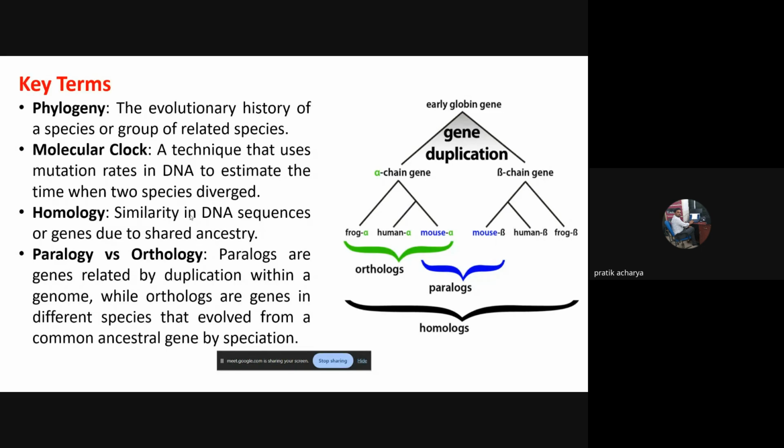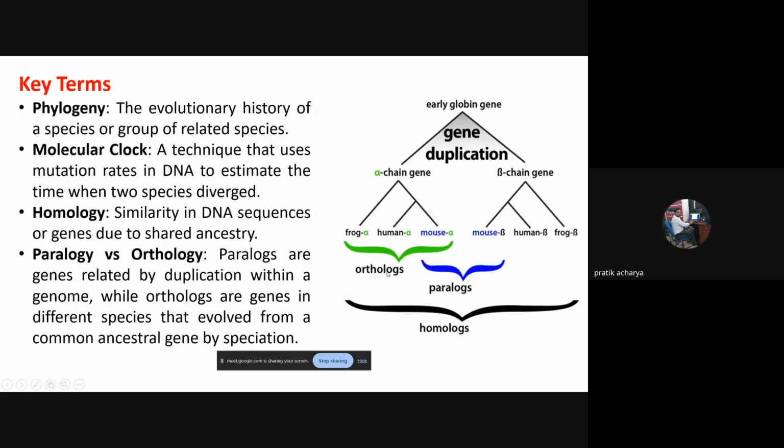Homology is the similarity in DNA sequence. If we are talking about the globin gene, all these animals have the globin gene. The globin gene has two chains, alpha chain and beta chain. This is due to duplication, and in different organisms, frog, human, mouse, they have the alpha chain.